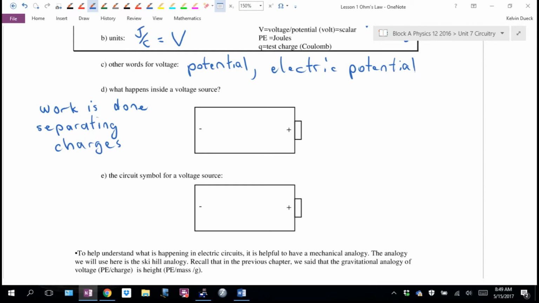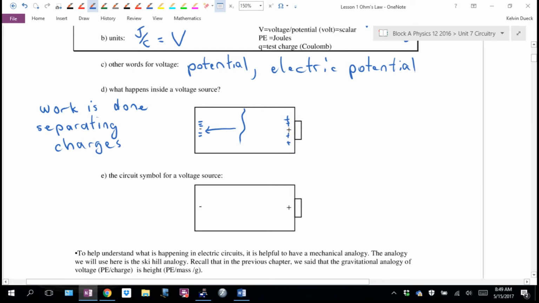Work is done separating charges. And what I mean by that is normally these negatives and these positives would flow together. So what we do is we have some kind of chemical reaction, typically inside a chemical battery, where we put negative charges here, we have positive charges there.